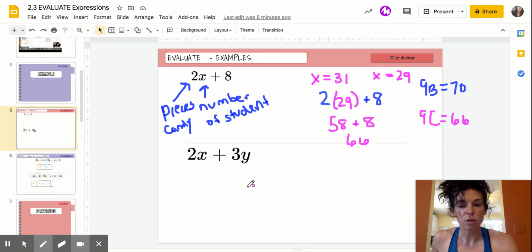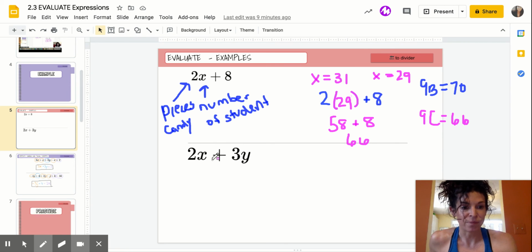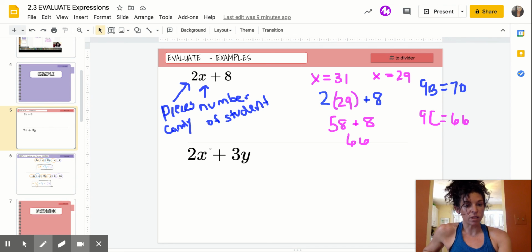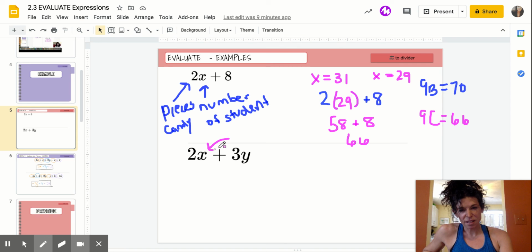Okay? So now I might have a different scenario where I have an X and a Y that I don't know. So let's make up a scenario for this. Maybe I work at a zoo and I'm trying to feed all of the reptiles. So let's say that all of the snakes eat rats.